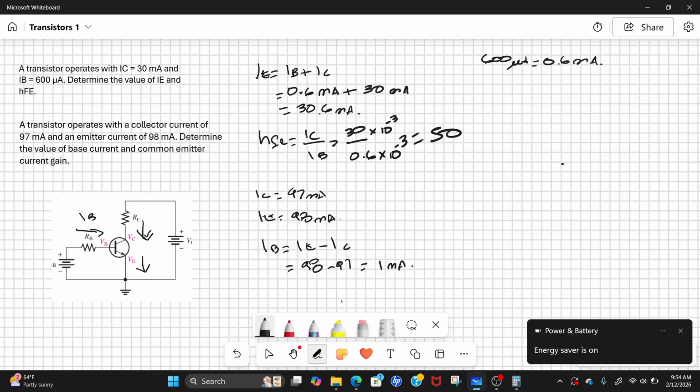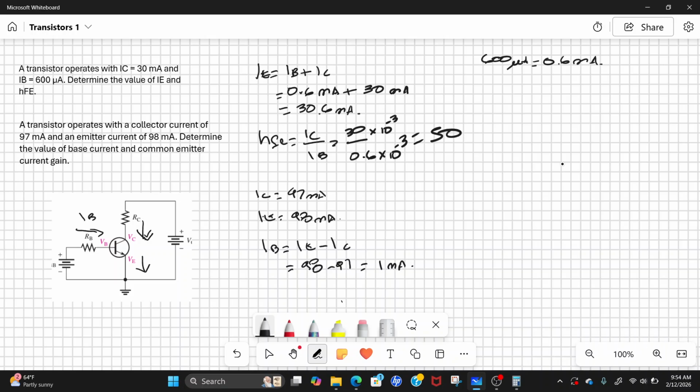All right, so we have 1 milliamp flowing into the base. Notice that the smallest of the currents is the current of the base, and then the output, which is the collector, is 97 milliamps, and the emitter is the sum of both of those currents.